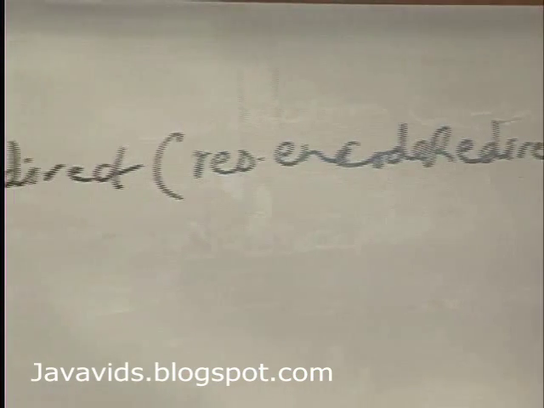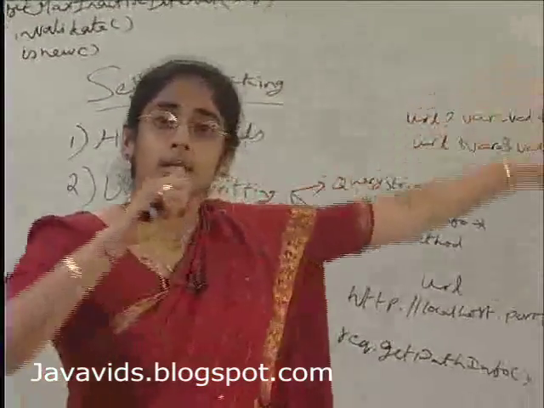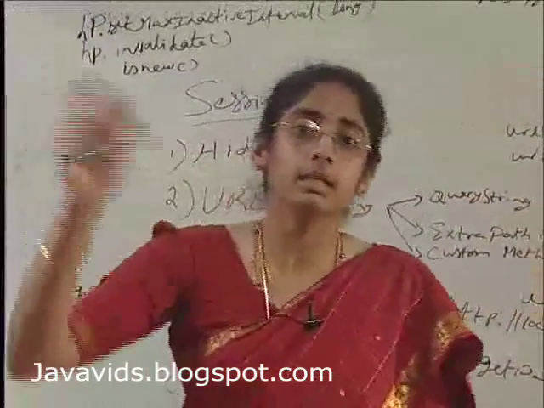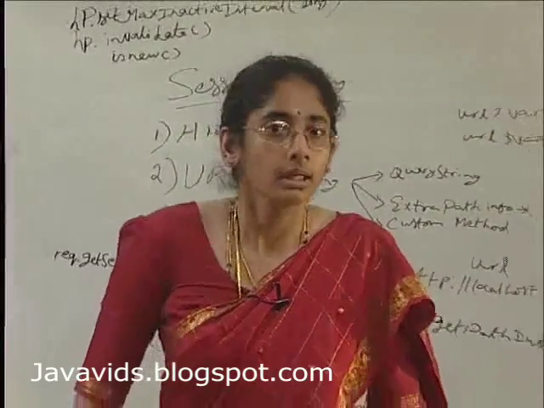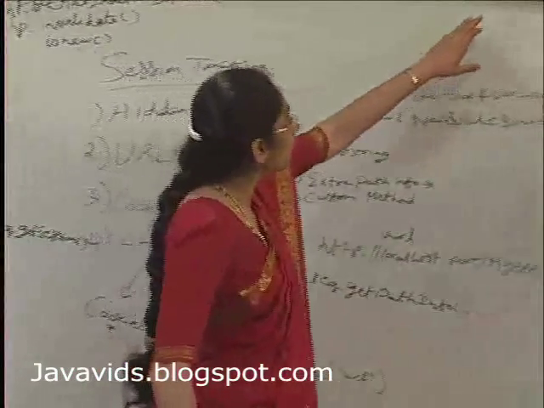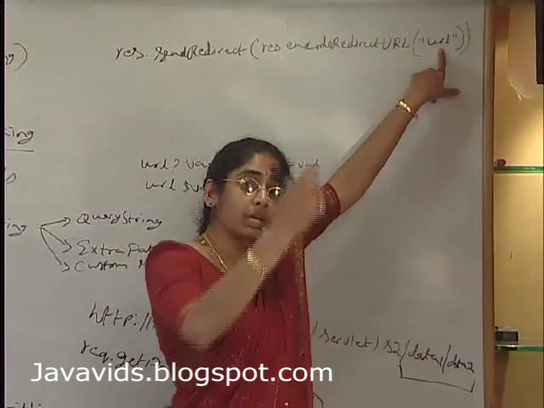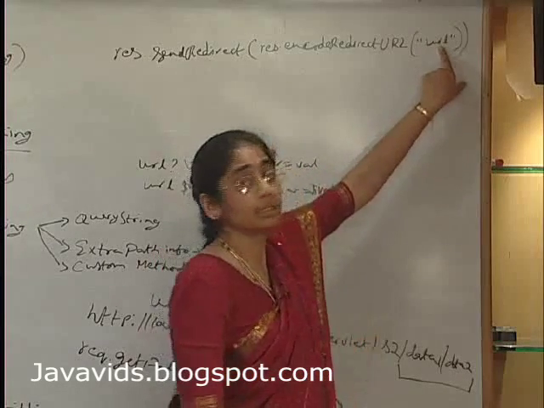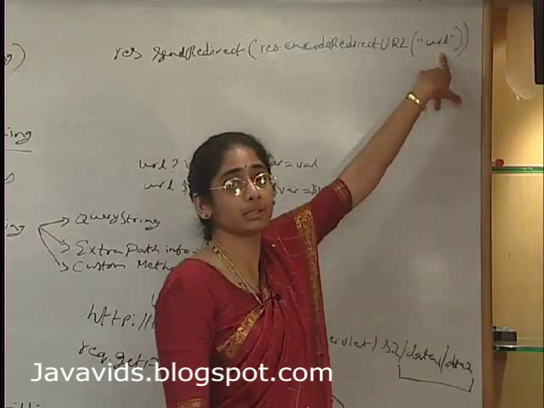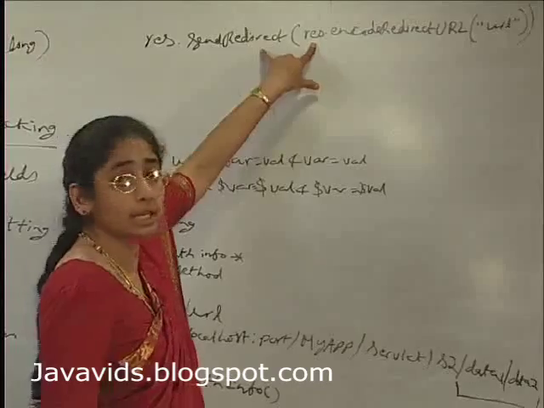Why is this so? Because let's assume the servlet within which I am specifying this sendRedirect, with that URL I am passing some extra path information as URL rewriting, of course. So what this encodeRedirectURL does is, to the specified URL, it will pick up the extra path info from the requested URL, attach that extra path info to this particular URL and return it as a string to the sendRedirect method.